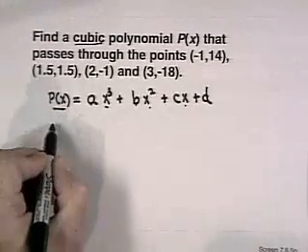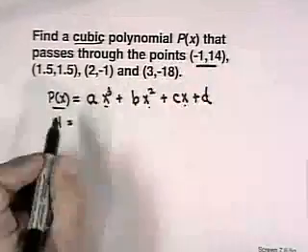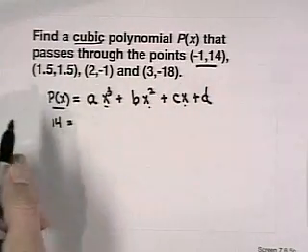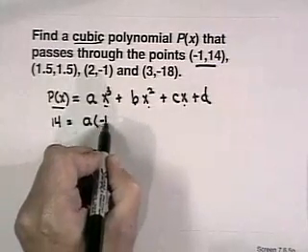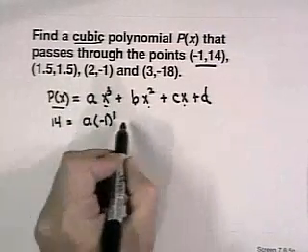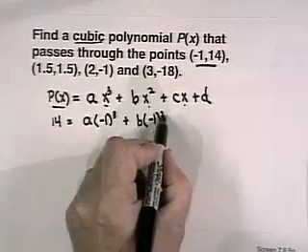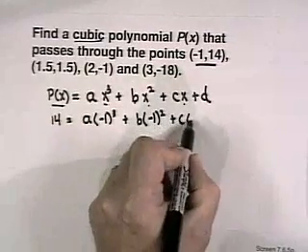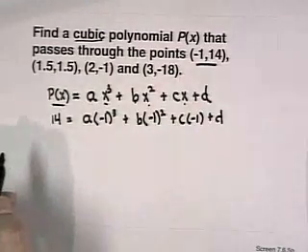First, we know that 14, notice I'm using this first point now, 14 equals A times -1 cubed plus B times -1 squared plus C times -1 plus D. That's one equation.